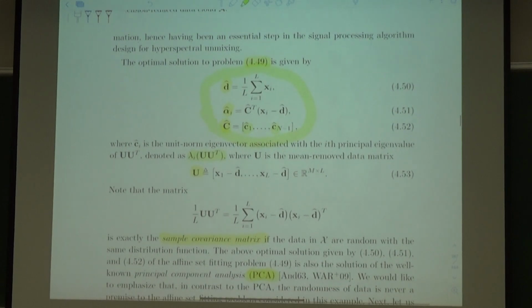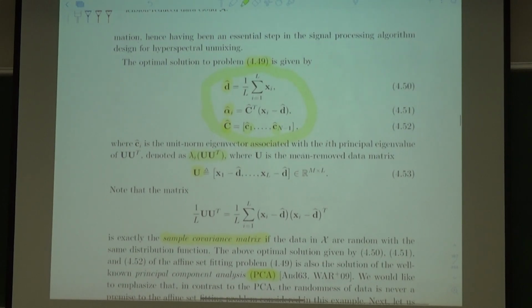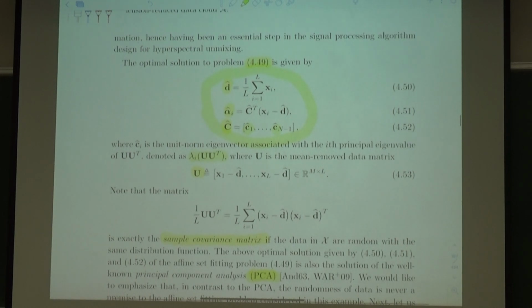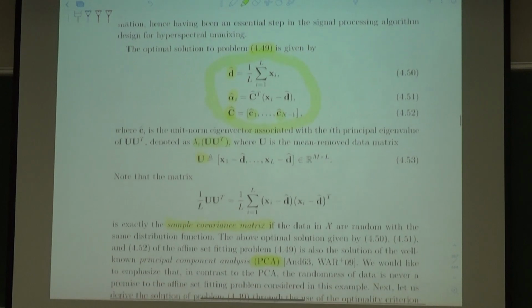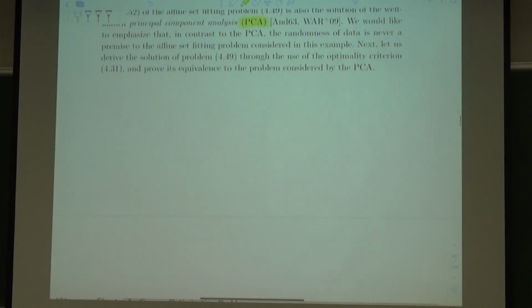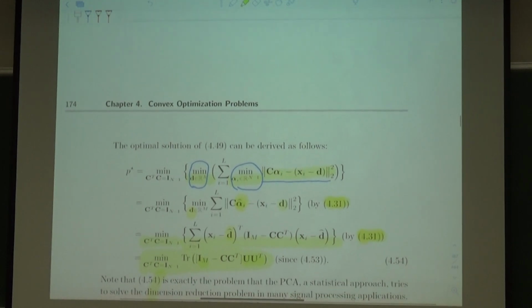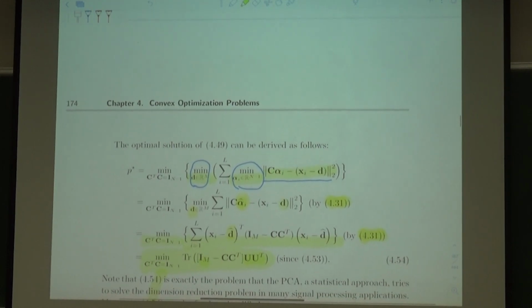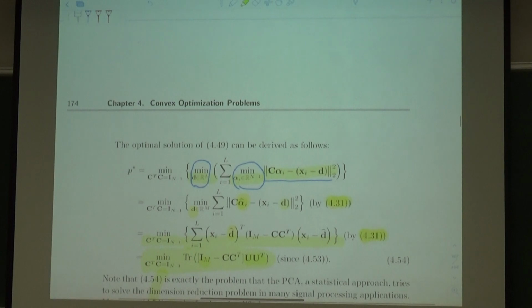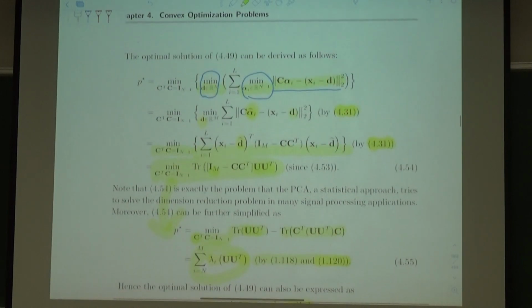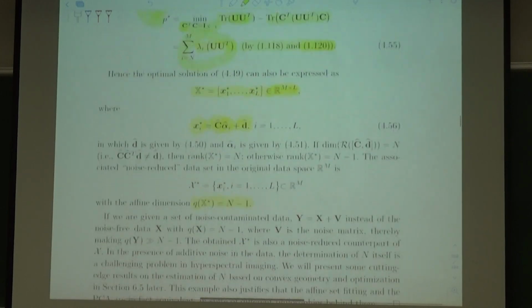Most of the hyperspectral imaging papers are published in IEEE Transactions on Geoscience and Remote Sensing. That's also a very, very good journal. Now you sense more and more the powerfulness of convex optimization. This is just one example.